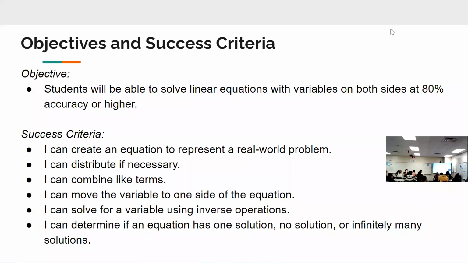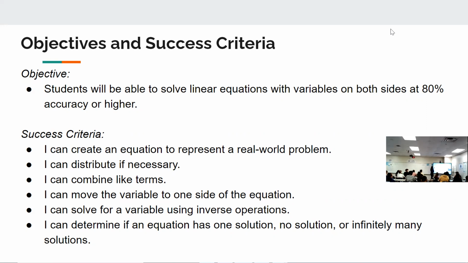We are on lesson 1-2, which is solving equations with variables on both sides. The success criteria is also on the top part of your note sheet. And notice I do kind of try to disguise the steps as the success criteria, and I put them in order.